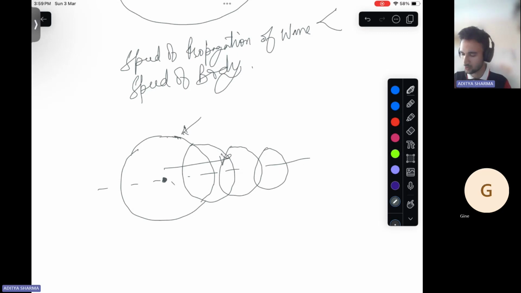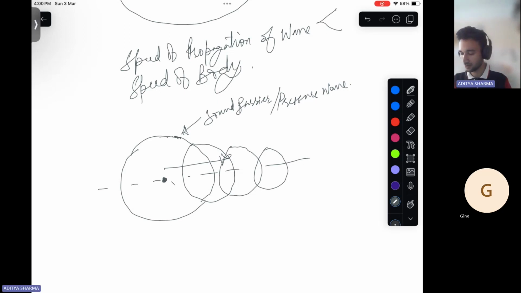You can call this a sound barrier, or you can call it a pressure wave, this is up to you, because this pressure wave is moving with the speed of sound.